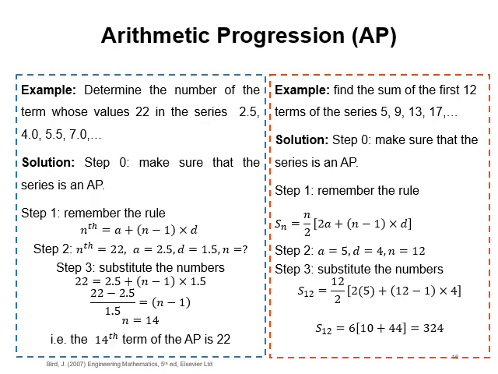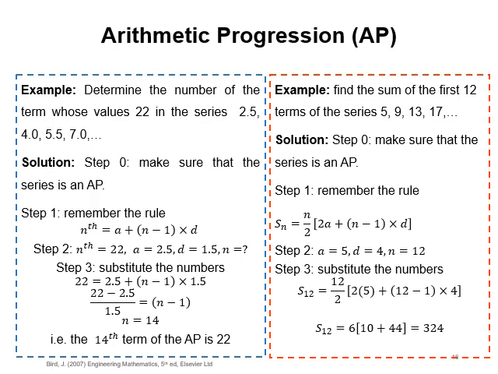Let's make sure it is an arithmetic progression, because if it is, then we can use the formula. Now 4 minus 2.5 is 1.5. 5.5 minus 4 is 1.5. 7 minus 5.5 is 1.5. So the difference is 1.5. And I also know the first item A, which is 2.5. It's also given in the question.